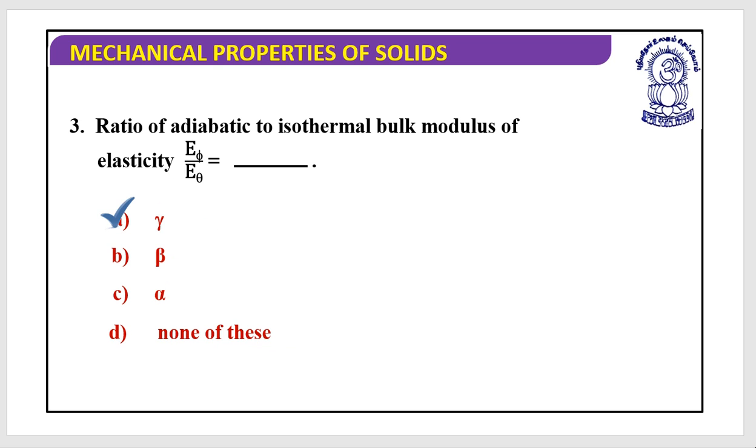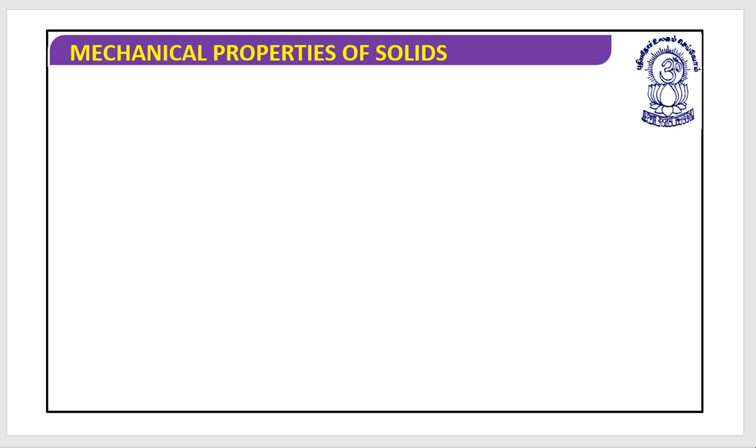Next, the ratio of the adiabatic to isothermal bulk modulus of elasticity is equal to gamma. I hope this is clear. Do you have any doubts up till now? No? Great. So now let's look.